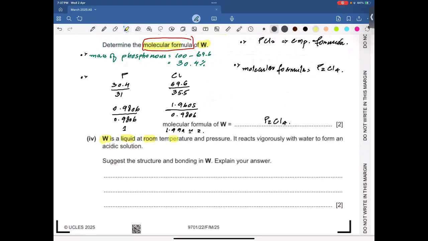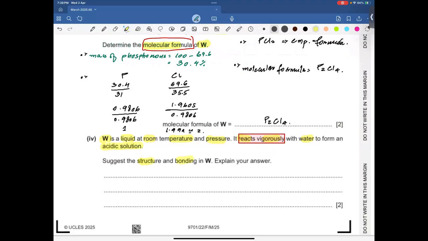W is a liquid at room temperature and pressure. It reacts vigorously with water. That's a very powerful statement. Reacts vigorously with water. And that indicates the bonding in this compound would be covalent because it reacts vigorously to form an acidic solution.